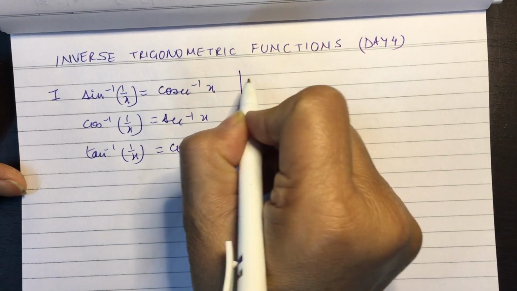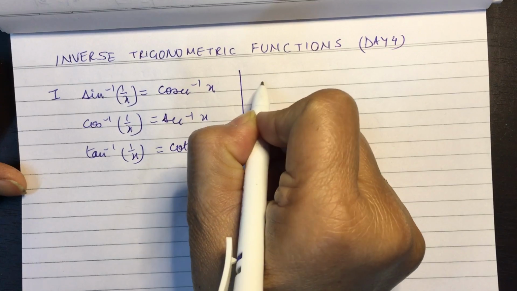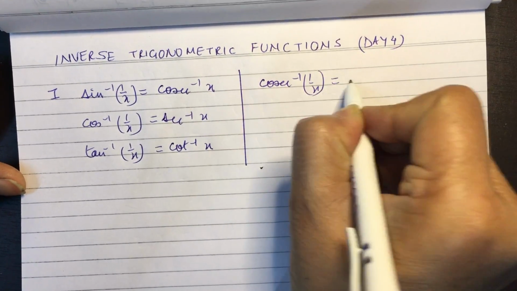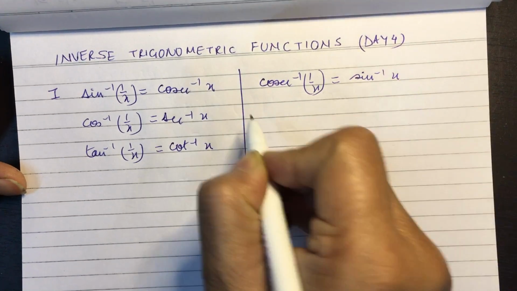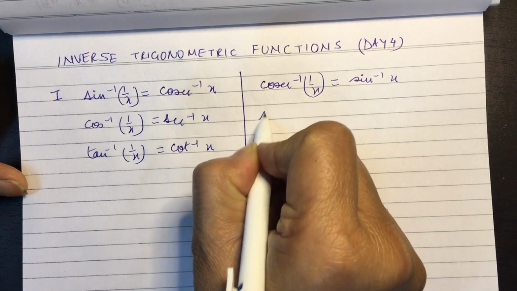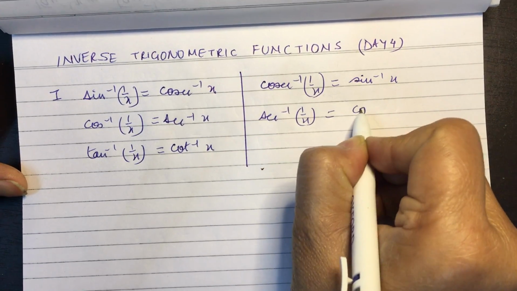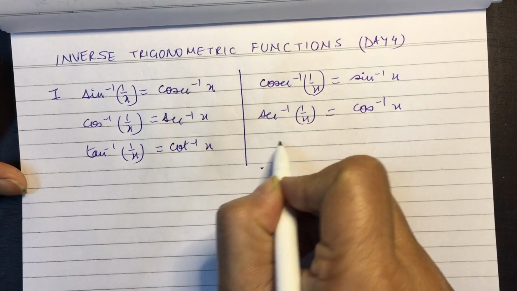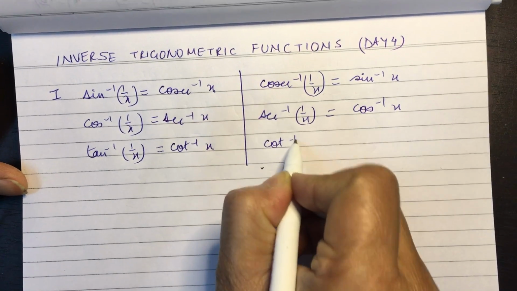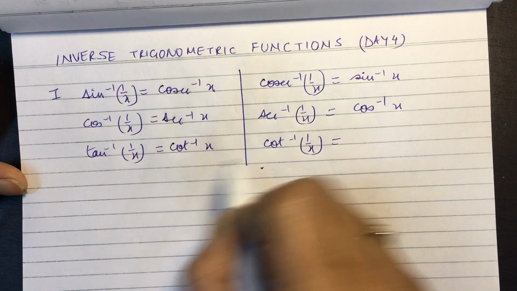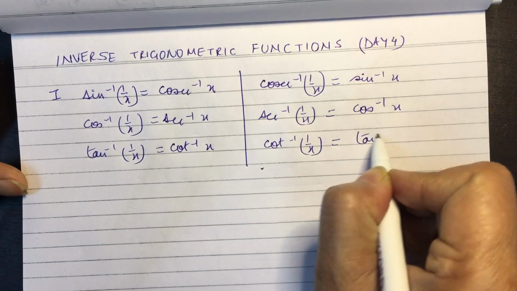Likewise, we have cosec inverse 1 upon x is equal to sine inverse x, sec inverse 1 upon x is equal to cos inverse x, and cot inverse 1 upon x is equal to tan inverse x.